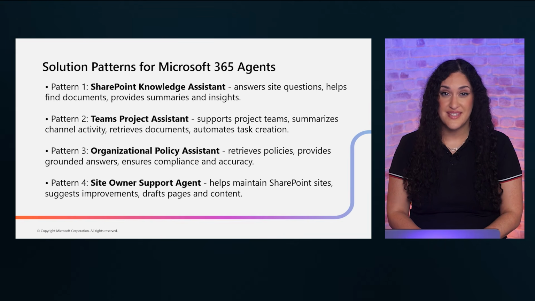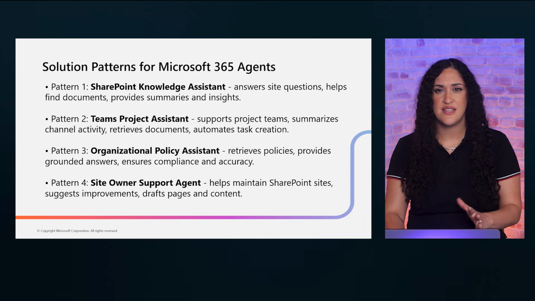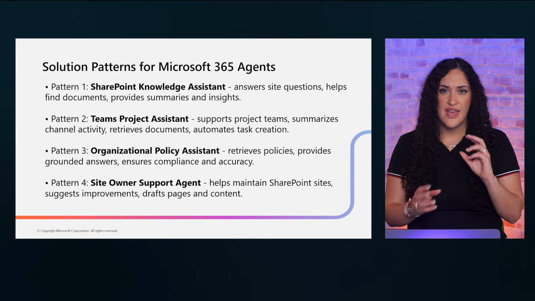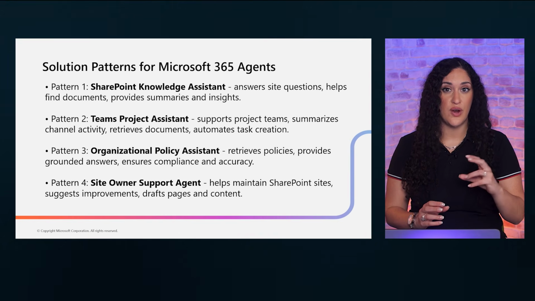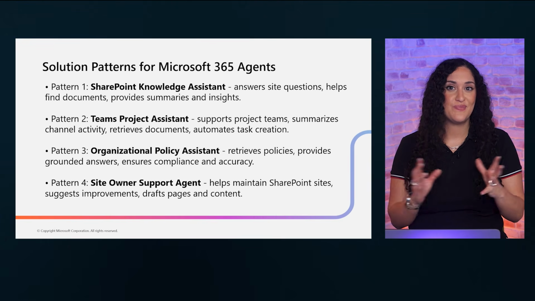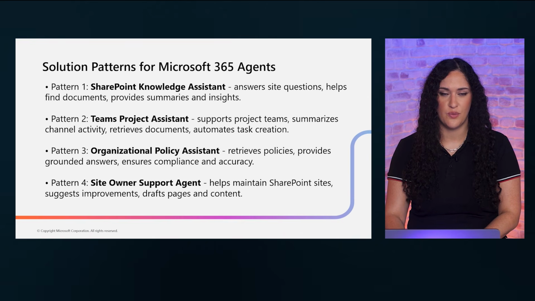Pattern 4, the Site Owner Support Agent that helps maintain SharePoint sites and drafts content. The best practice is to start with one pattern, prove its value, and then expand. Each pattern can be a template for similar agents across your organization. Build one, deploy many. That's how you scale AI across the enterprise.